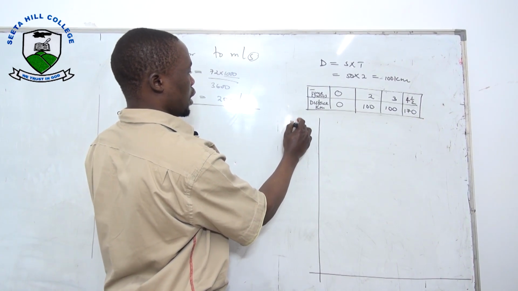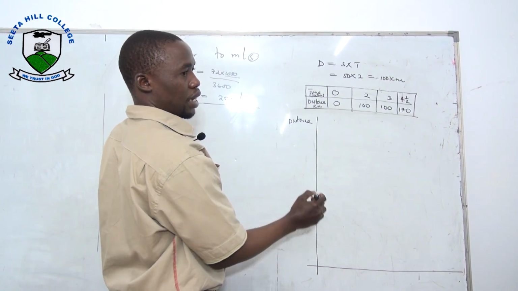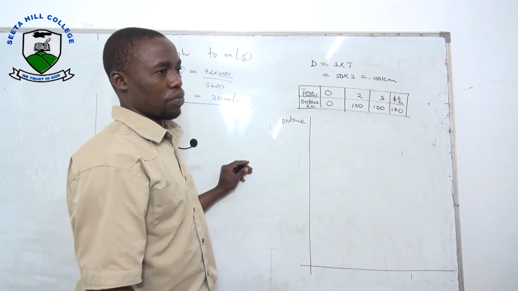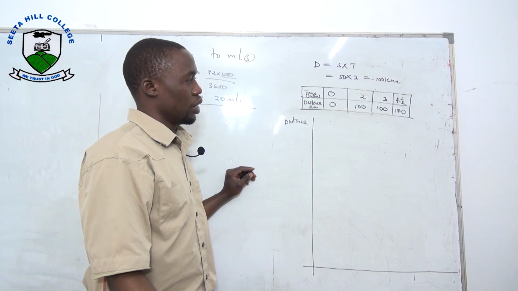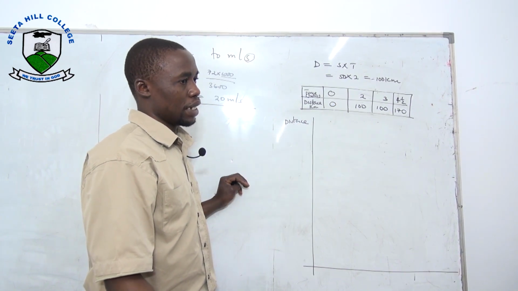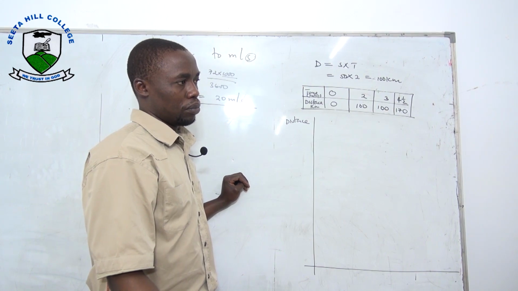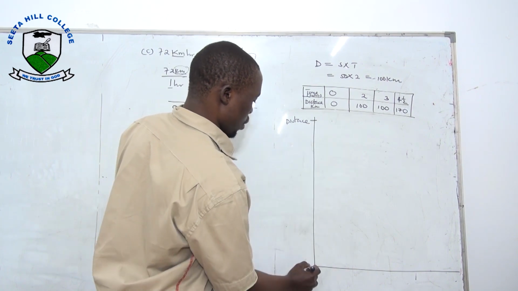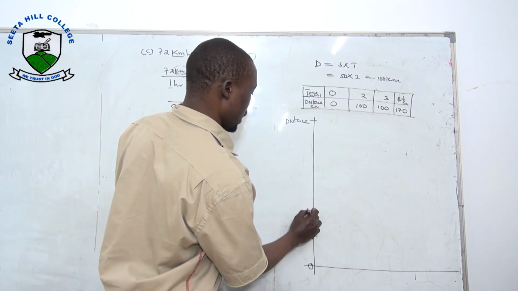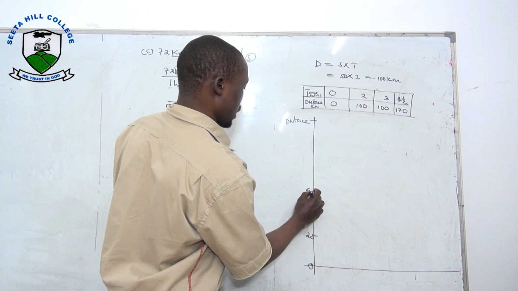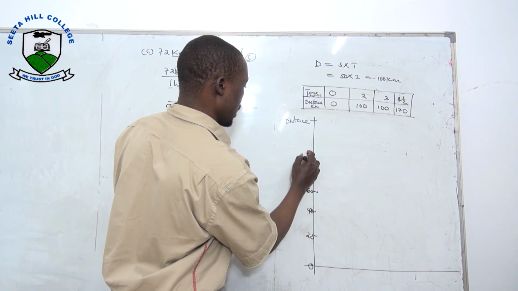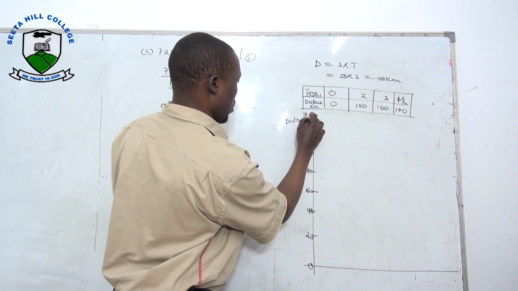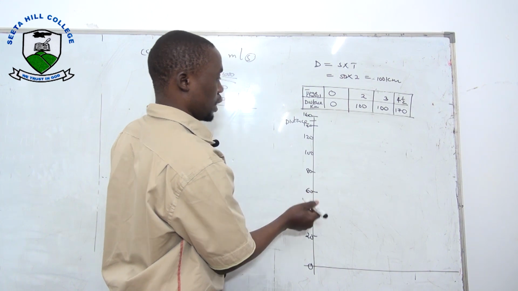This is distance. Which scale are we using? From 0 to 170? 170 minus 0, divided by 10, is 17. Therefore we use 20. You'll say 0, 20, 40, 60, 80, 100, 120, 140, 160, 180.